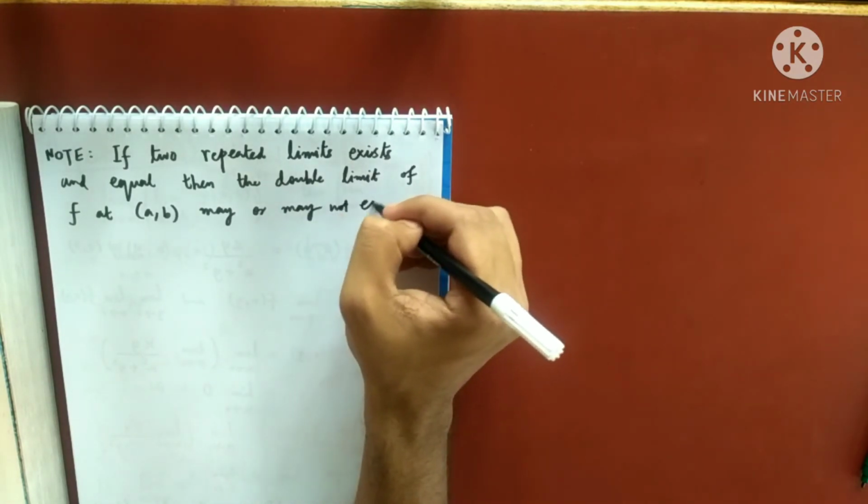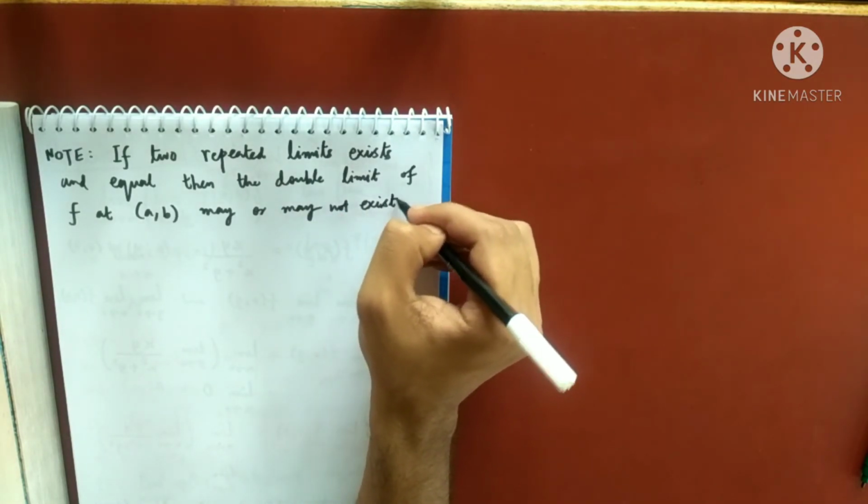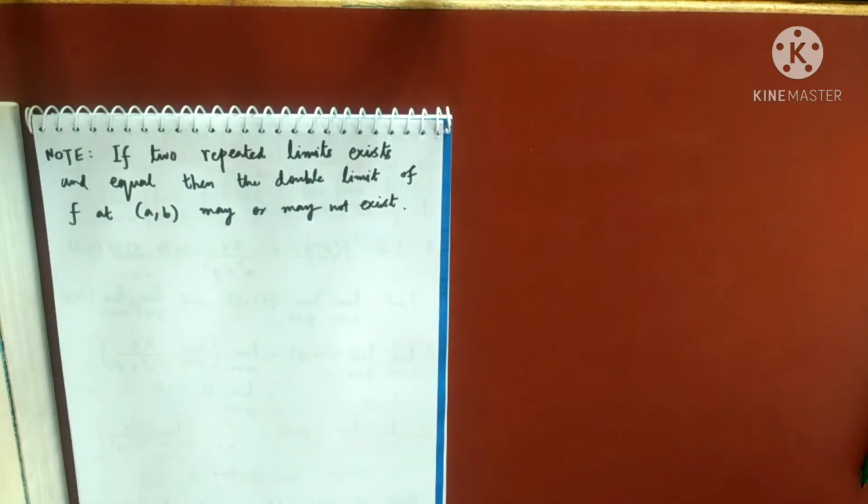So there is no such guarantee. Keep that in mind. There is no such guarantee. So even though the repeated limits exist and are equal, you cannot say anything about the double limit.